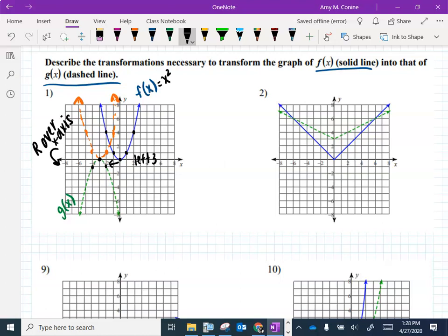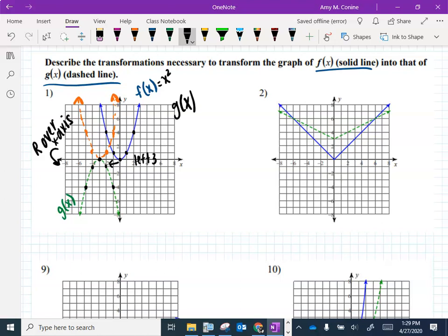And then these other two should also be 1, 2, 3, 4 units away. So 1, 2, 3, 4 should also line up. If they don't line up, that means we have a dilation, and we need to figure out what that dilation is. But because they line up, it doesn't look like there's any more transformations happening.